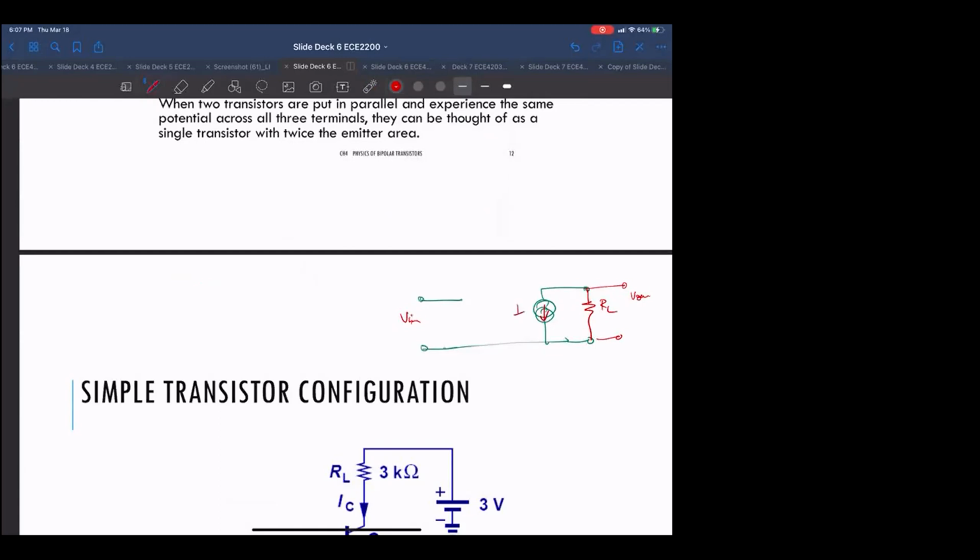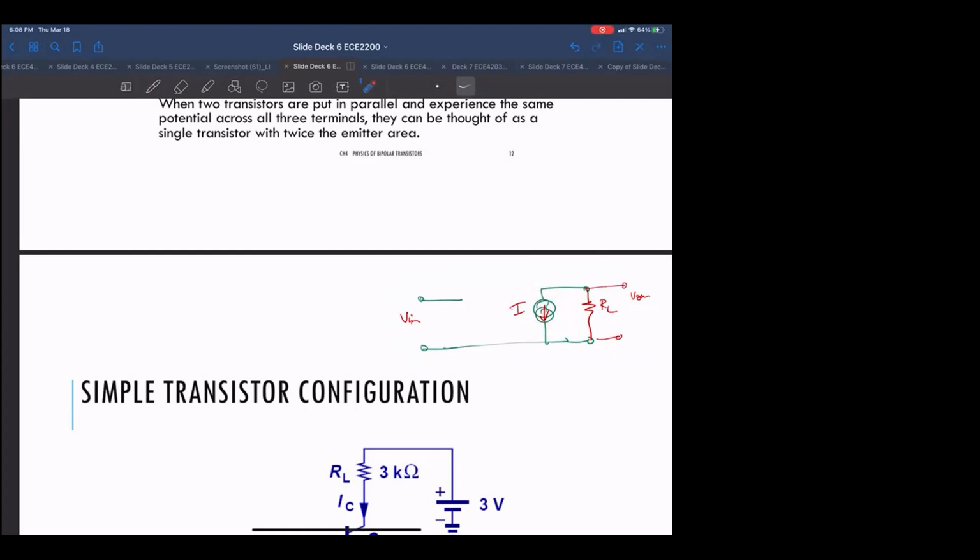Okay, so this is the current that's being controlled by the input. But we can only draw things like this because when we draw a current source, we don't care where the current comes from. It just looks like I'm changing this current here, but where's the current coming from?